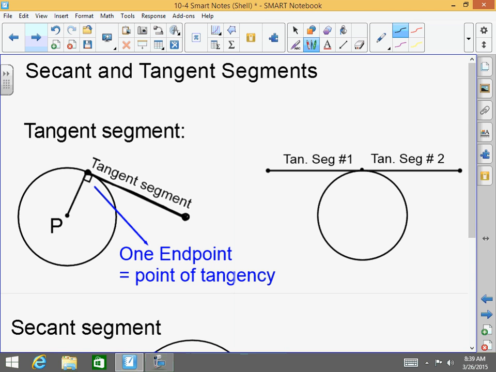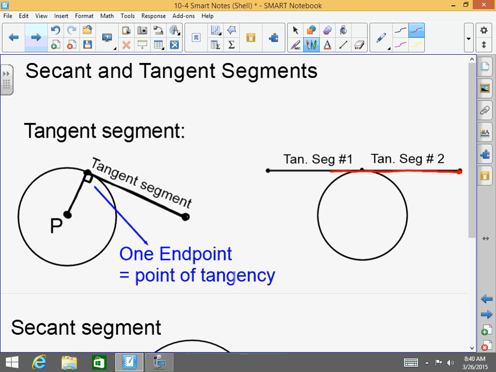If I go ahead and drop a radius to the point of tangency, it creates a right angle. Same exact theorem.